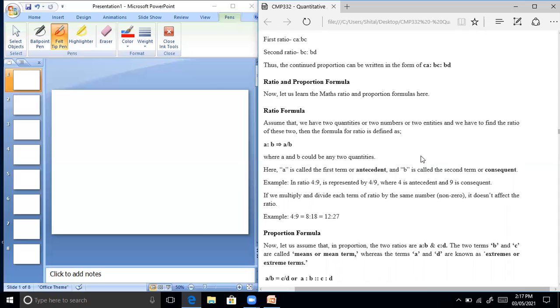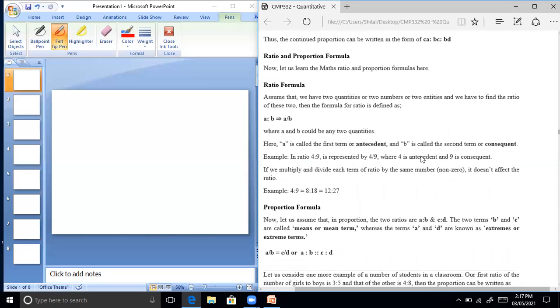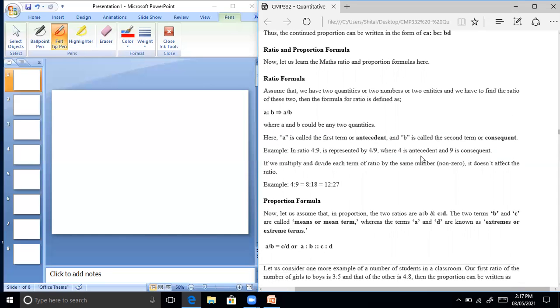Ratio and proportion formula. Now let us learn the ratio and proportion formula here. First, the ratio formula. Assume that we have two quantities, A and B, or two numbers or two entities, and we have to find the ratio of these two. Then the formula for ratio is defined by A colon B or A by B, where A and B could be any two quantities.